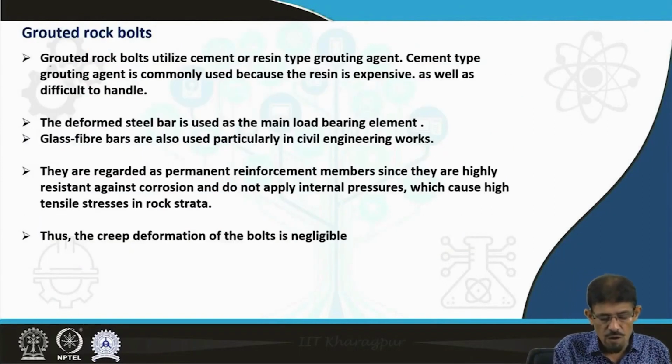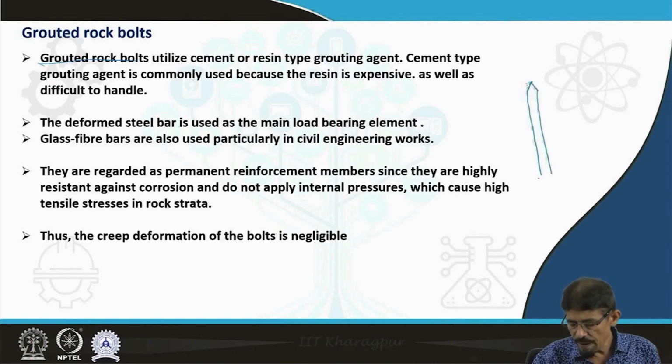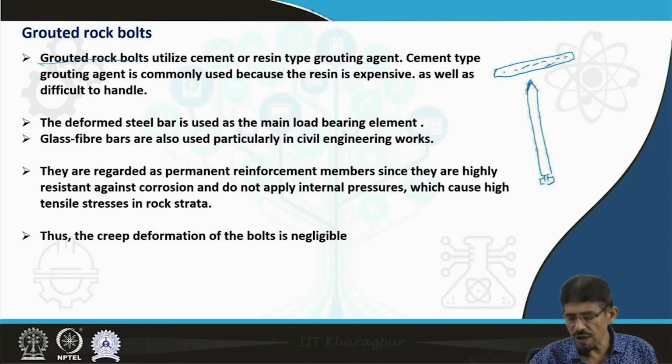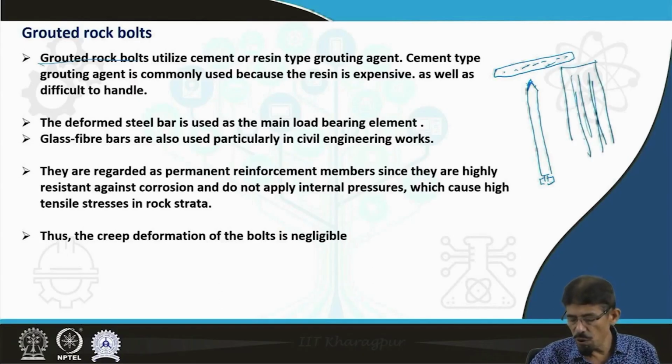Then we have grout anchored rock bolt. In grout anchored rock bolt, we have two aspects. One is solid rock bolts. We put one cement capsule immersed in water, having some quick setting cement, on the top of the bolt, then start hammering in the developed bolt hole.